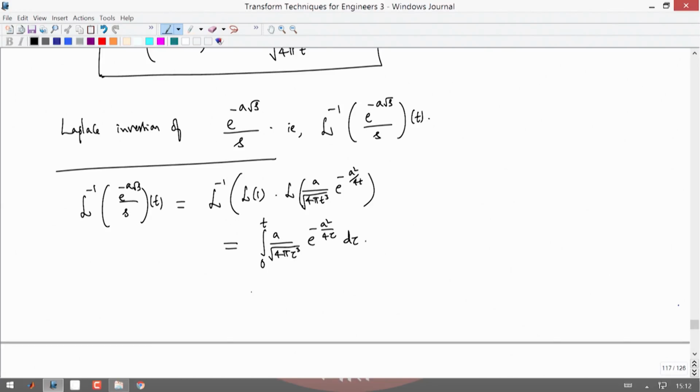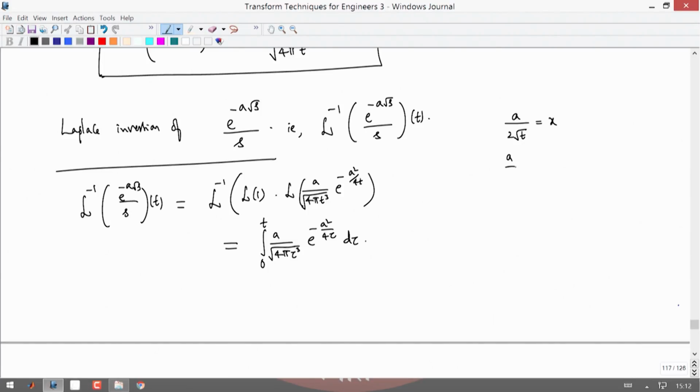So, this you can simplify by making use of a change of variables: a square by 4 tau, you take it as x square. So, you have a by 2 root t equal to, let us say, x. Then a times minus 1 by 2.